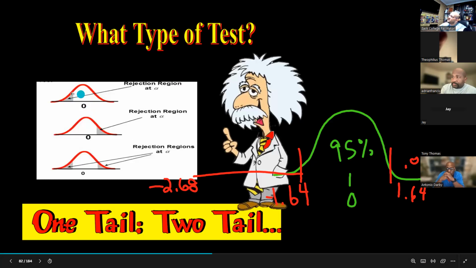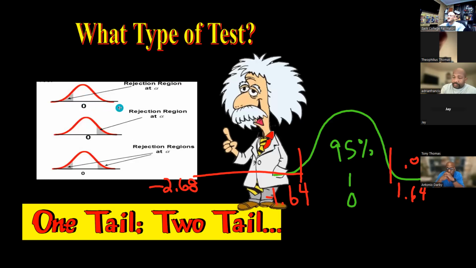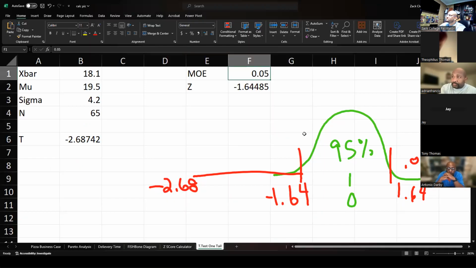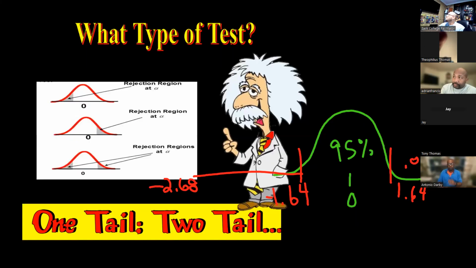We were only looking at it from that left side. So if we see that this variable is lower or higher than 5%, we'll reject it or approve the null hypothesis.